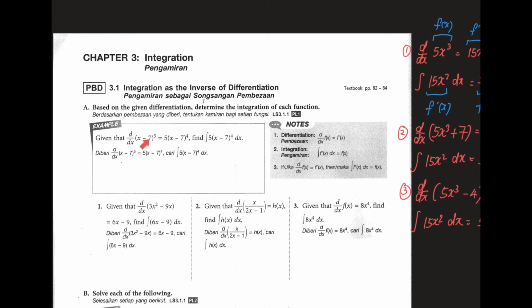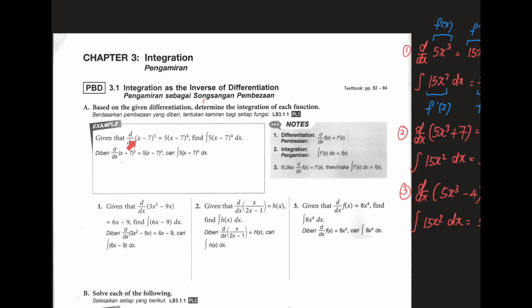Then (x minus 7) to the power of 4, then we're supposed to have one more thing. We differentiate the thing in the bracket. Differentiate x, you get 1. Differentiate minus 7, you get 0. So you're supposed to have 1 at the back, but multiplying with 1 is just nothing.